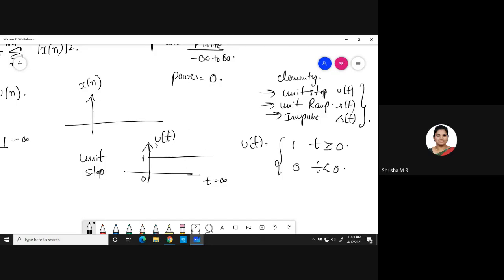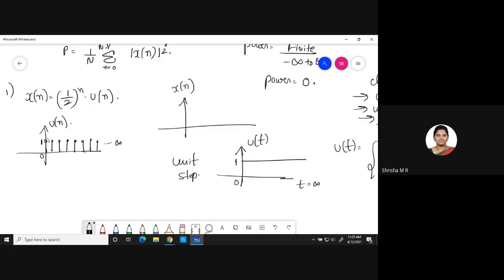Okay, so the unit step signal will exist from 0 up to infinity with an amplitude 1. This is with respect to continuous time. Whereas for discrete time, how will your unit step look? It looks something like this: 1, 2, 3, 4 up to infinity.